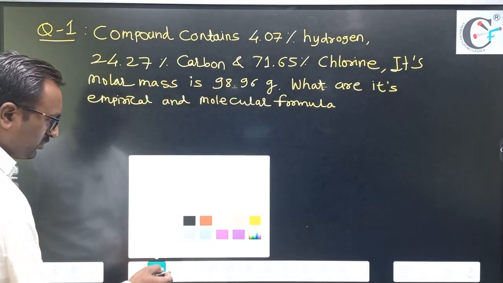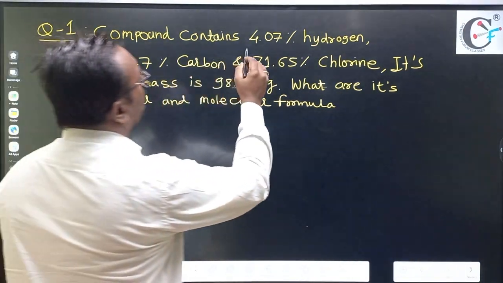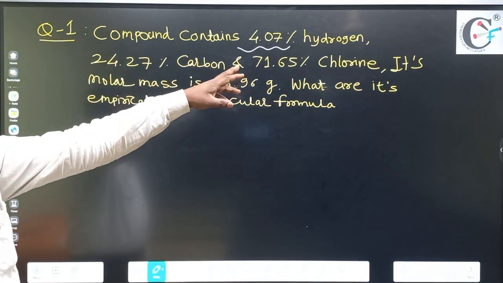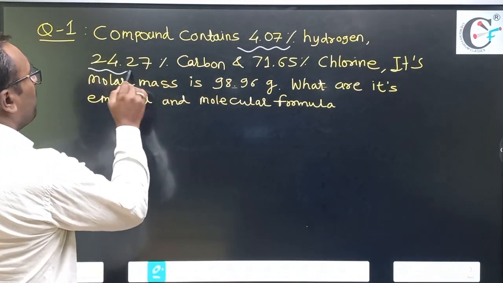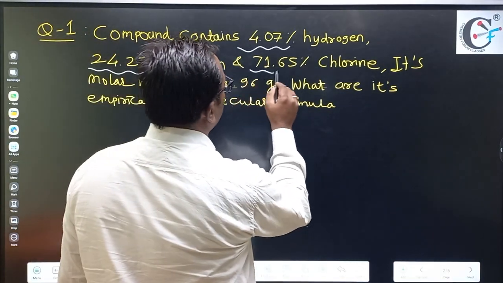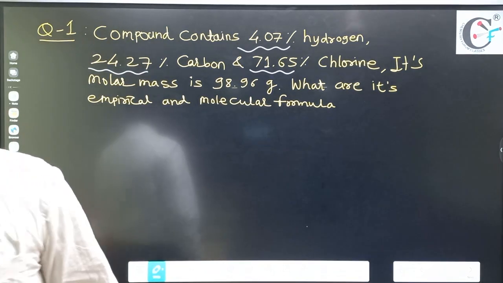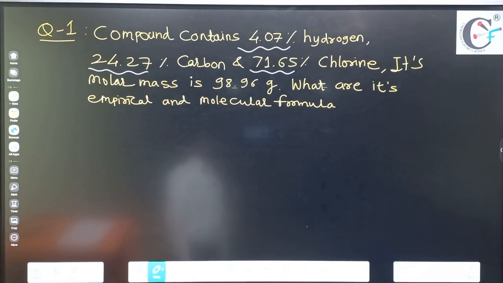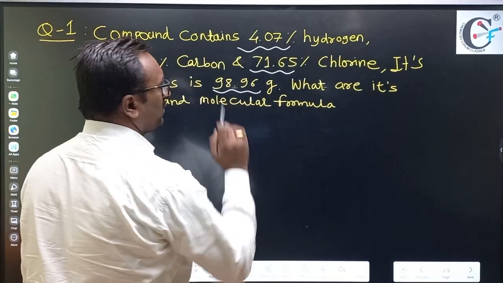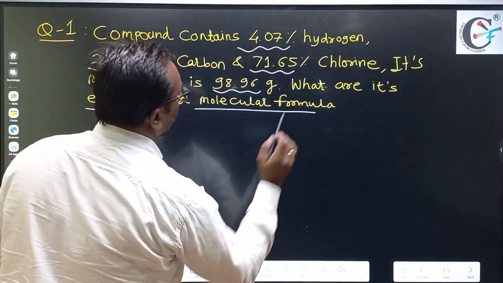Now, we want to solve it. The compound contains 4.07% of hydrogen, it is the mass percent of hydrogen, then 24.27% carbon, and 71.65% of chlorine. Its molar mass is 98.96 gram. What are its empirical and molecular formula?